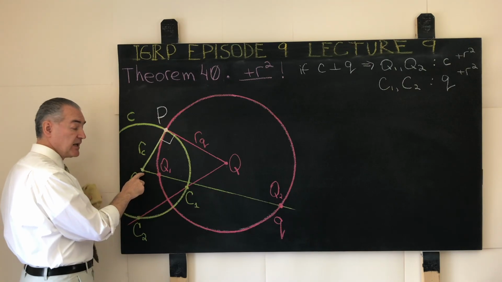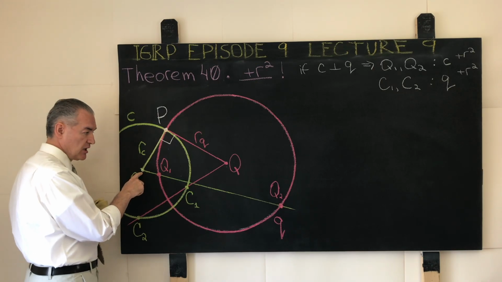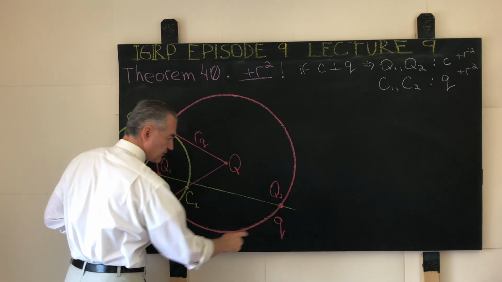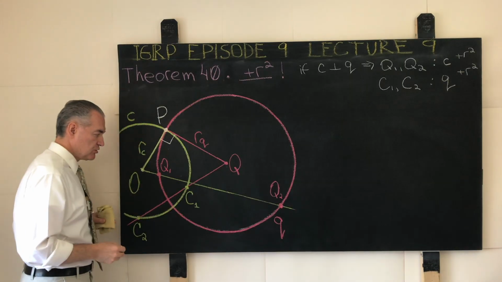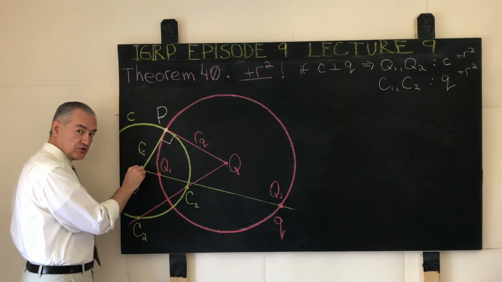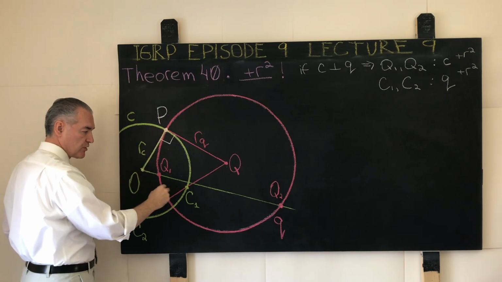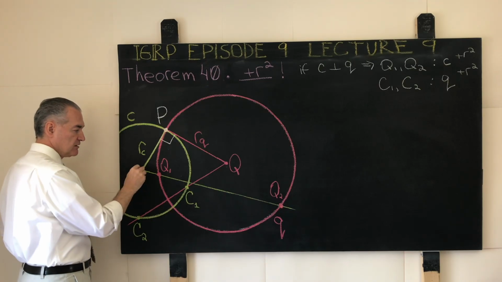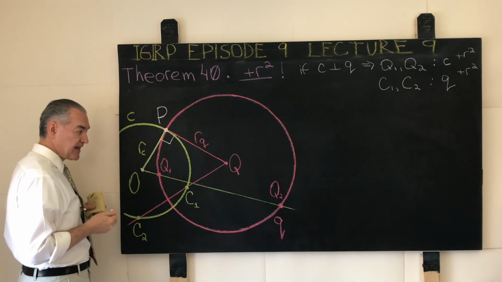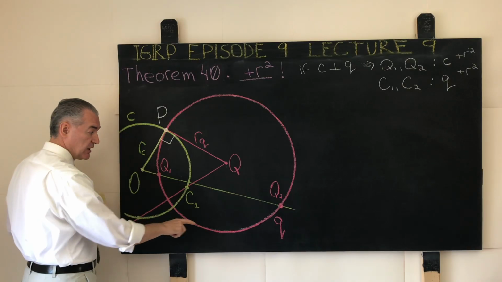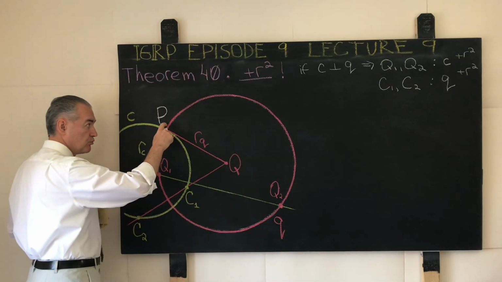Then if we construct any genuine secant that passes through that center O and that intersects the given circle Q at two distinct points, the points Q1 and Q2, we already know that if we connect the point O, the center of inversion in this case, with one of the points where our two orthogonal circles intersect, then the straight line OP is known to be tangent to the circle Q, and to the points O, Q1, Q2, and the point P, we apply what?